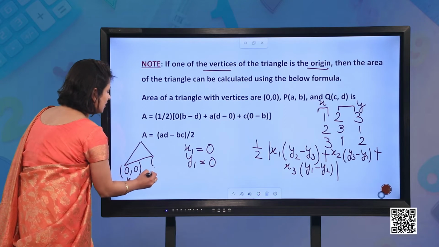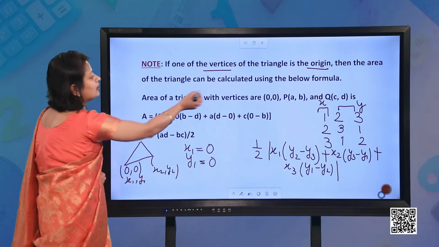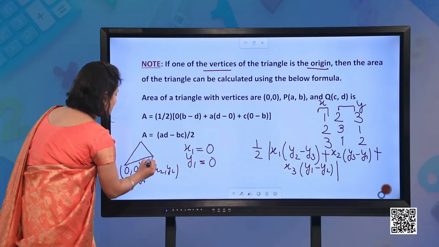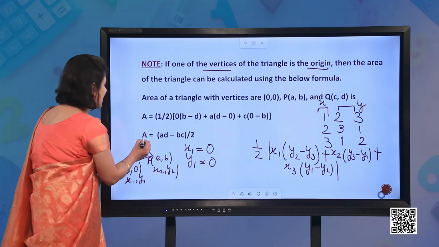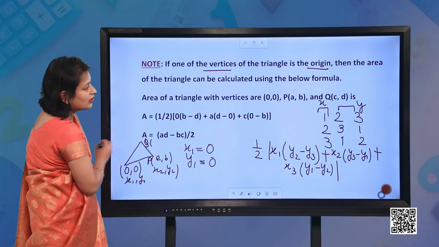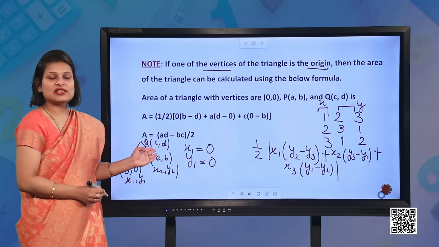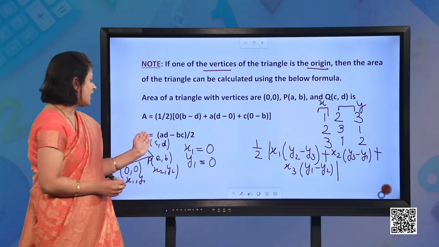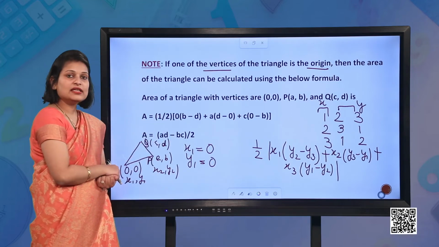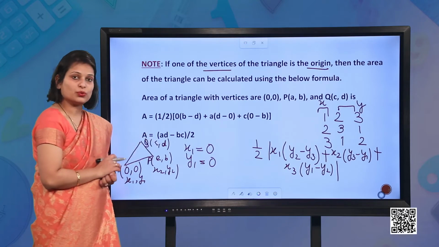This is x2, y2, which you can take as P, which is A, B. And the last one Q as C, D. You can take this as x3, y3. Simply substitute the values in this formula. You will get the area as (AD minus BC) divided by 2.